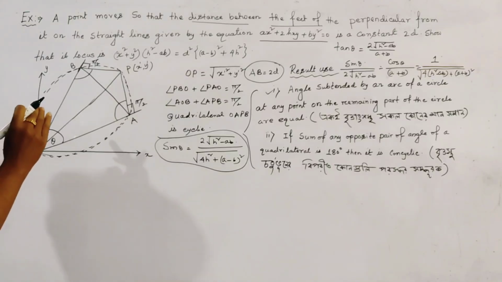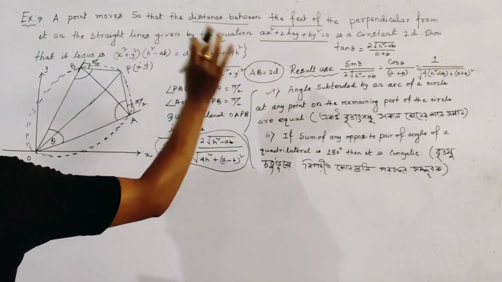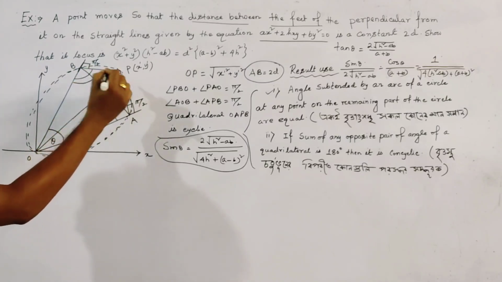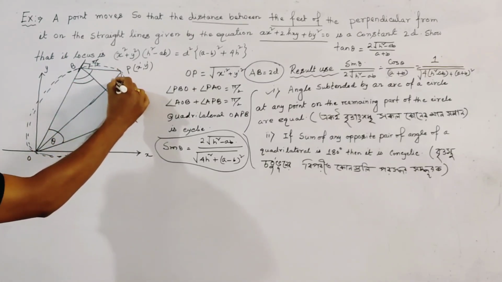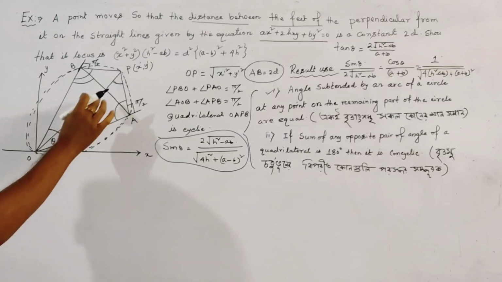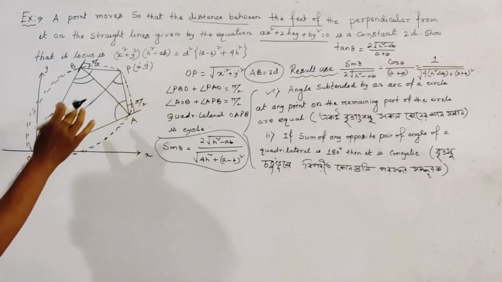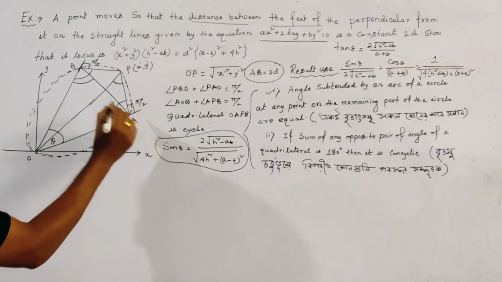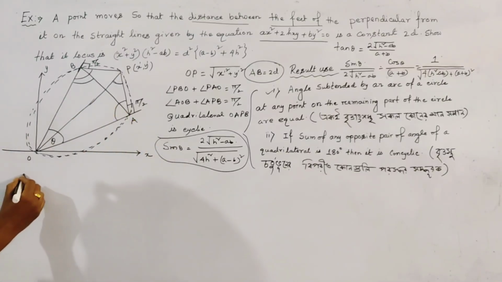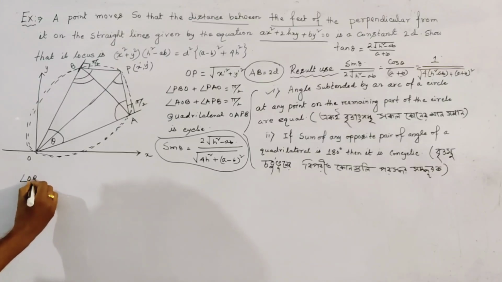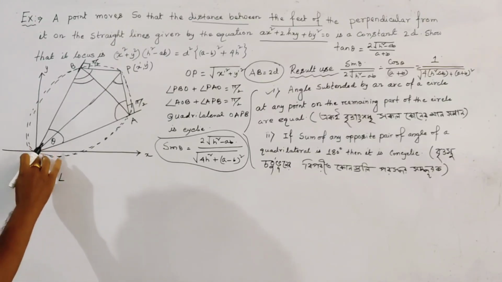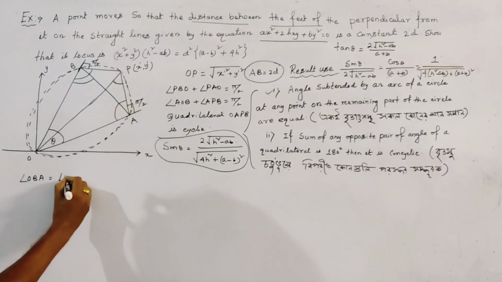Now by using property 1, we say that this angle and this angle are equal. Why equal? Because these two angles lie on the arc OA. Okay, so we write angle OBA is equal to angle OPA.